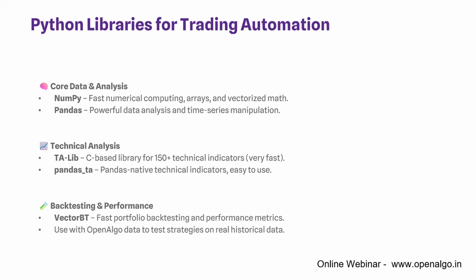Now, when it comes to Python, what are the things a trader needs to know, particularly in terms of covering the complete life cycle management? Obviously you need to learn NumPy and Pandas. NumPy and Pandas are purely for numerical computing and time series manipulation. In simple terms, NumPy and Pandas is where you will be able to build your own indicators.